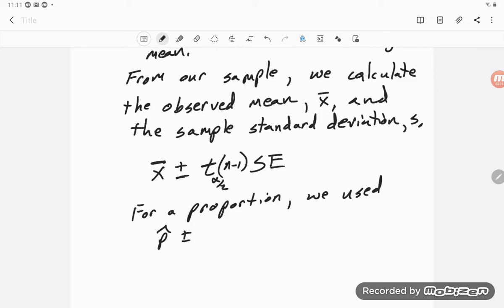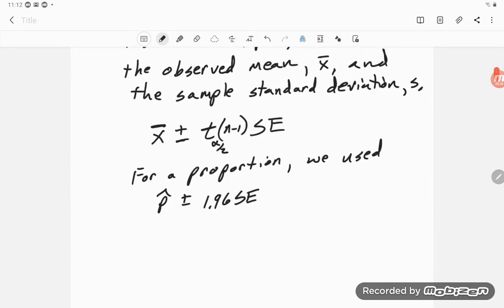And then we pretty much just wanted the 95% confidence interval. And so we always just used 1.96, or 2 if you're being approximate, times that standard error that we had to compute. So it's the same idea. It is exactly that same idea.